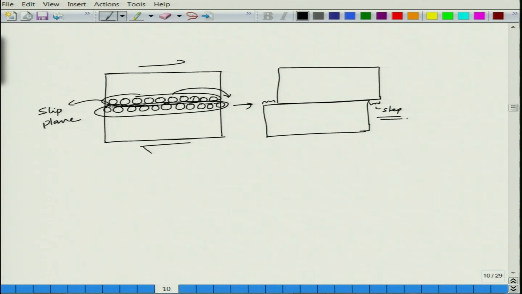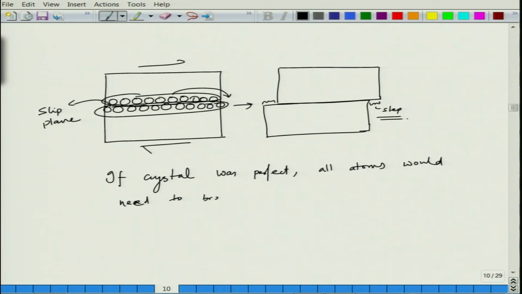Now, if the crystal was perfect, all atoms would have to break their bonds with their neighbors, and that will lead to larger stress.